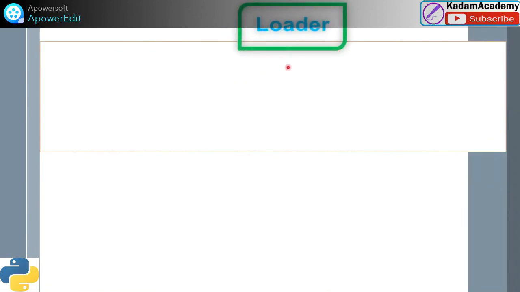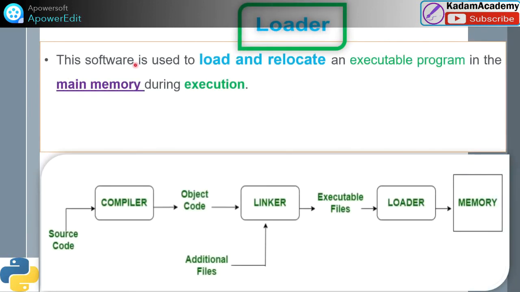And lastly, the loader. What is the loader? This is the software used to load and relocate the executable program in main memory during execution. Here, the source code goes through the compiler and is converted into object code, which is machine language understandable. After it, the linker will merge the additional library files and convert it into an executable file, the exe file.